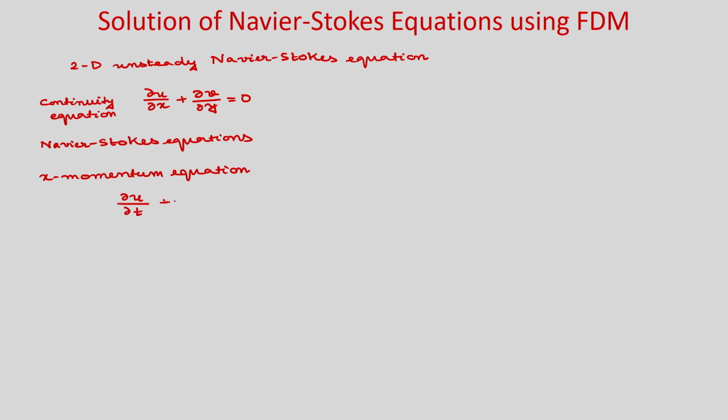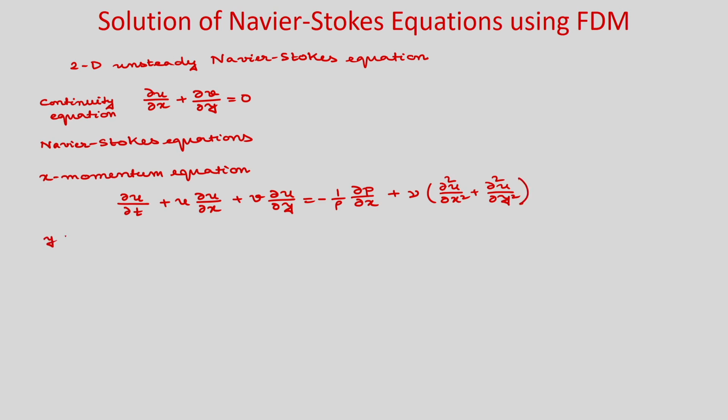So, del u by del t plus u del u by del x plus v del u by del y is equal to the pressure gradient term, minus 1 by rho del p by del x, plus nu times del 2 u by del x square plus del 2 u by del y square.